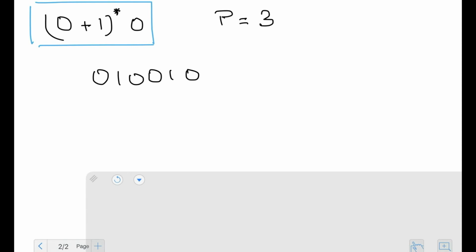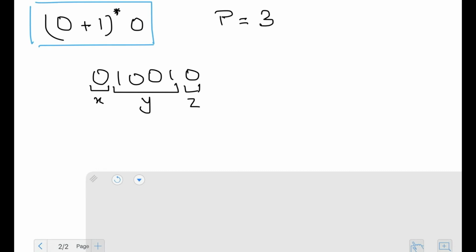And now I'm saying that there will always be some substring in the middle which I can have any number of concatenations of. So let's say my x is this thing right here, my y is this thing right here, and z is this. This is probably not the greatest example because x and y together are not less than or equal to p in length.